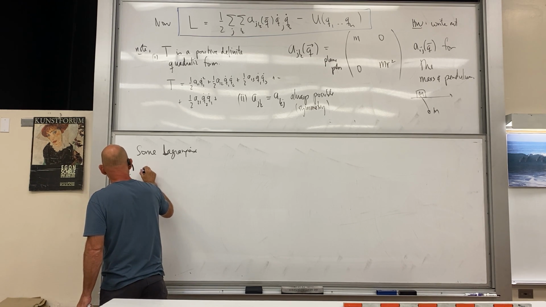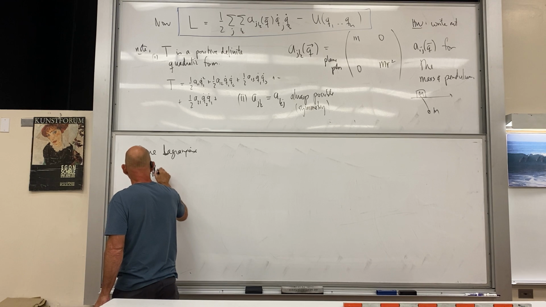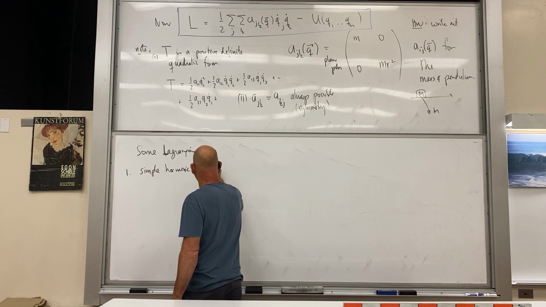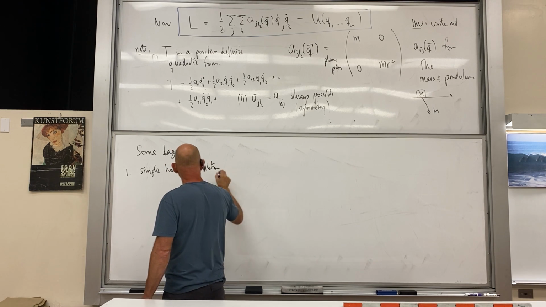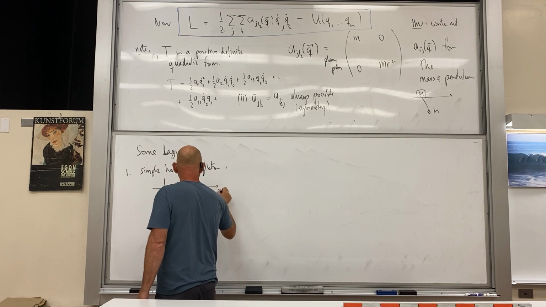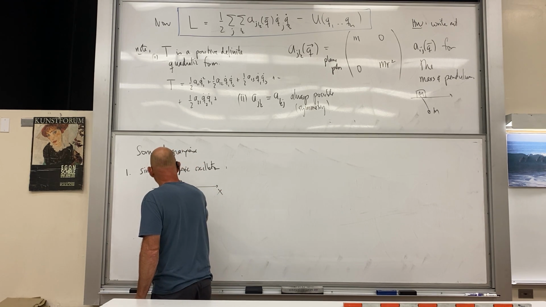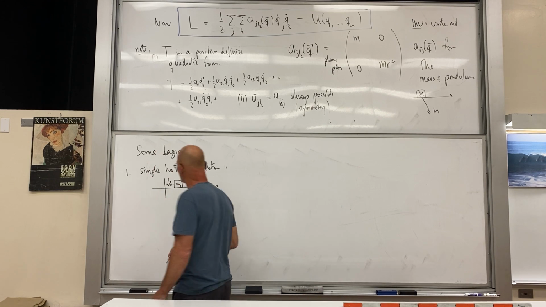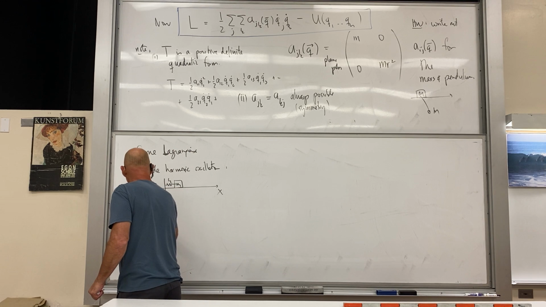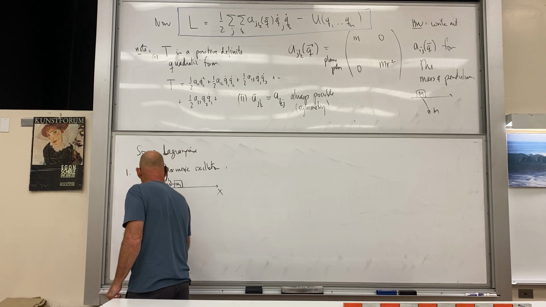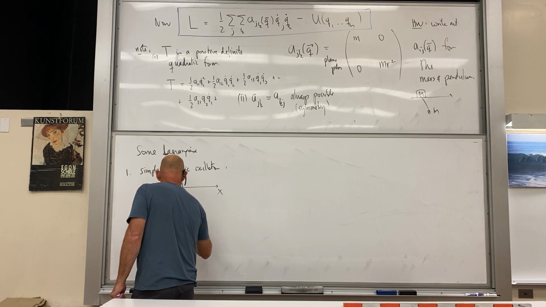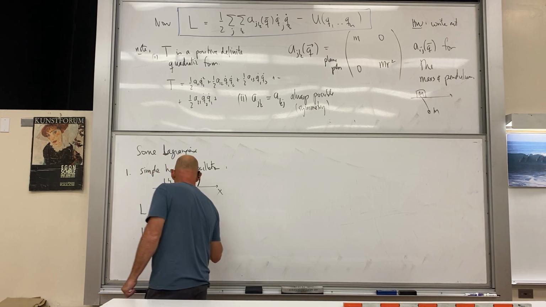Simple harmonic oscillator, how about that? We think of that as being on the x-axis here, a mass on a spring, no friction. So L is equal to T minus U, 1/2 m x dot squared minus 1/2 k x squared.